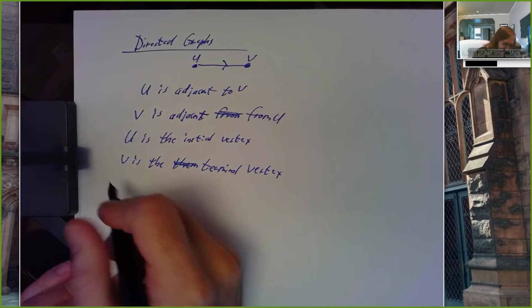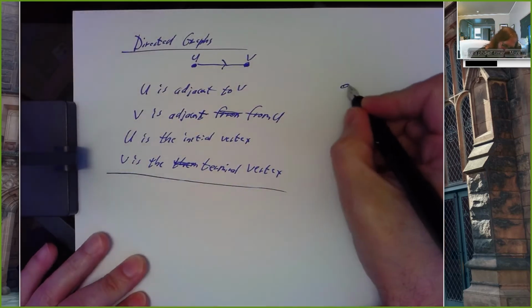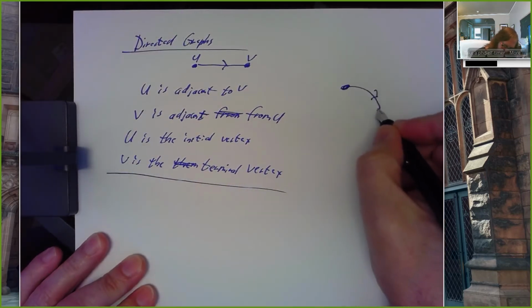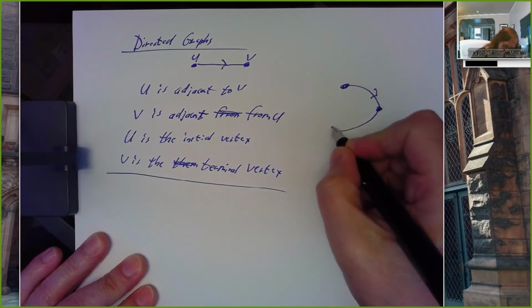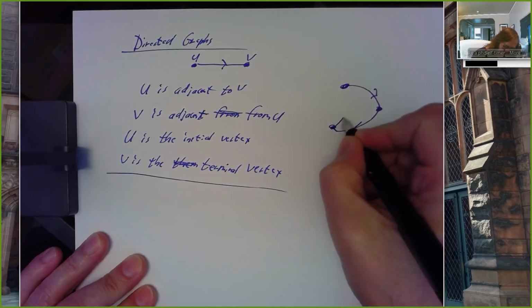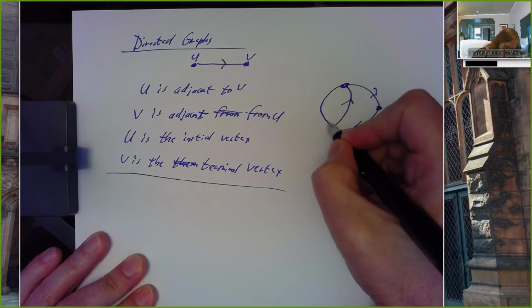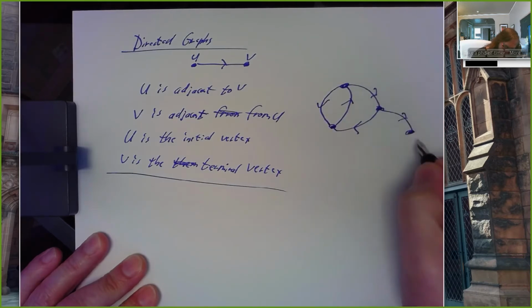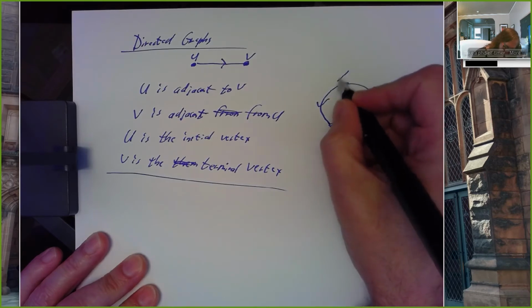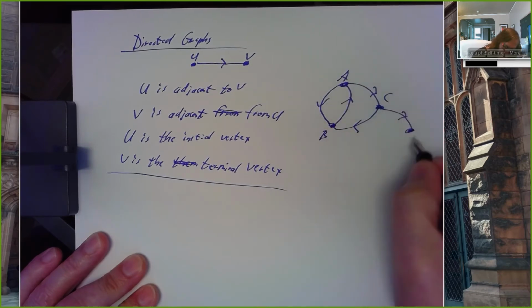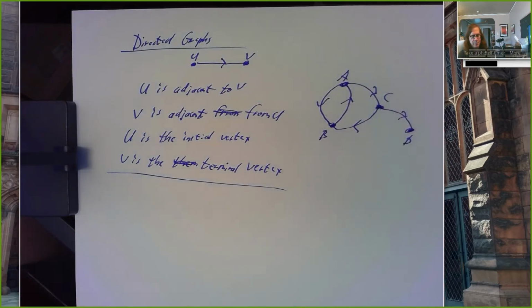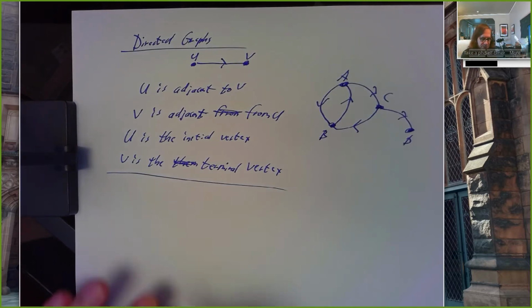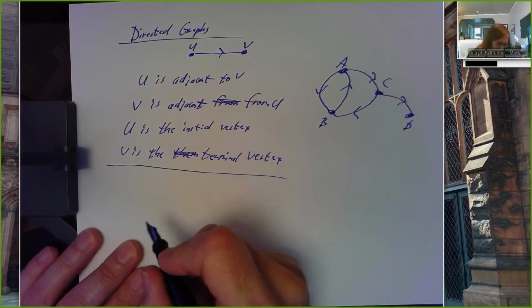All right, so for directed graphs, this notion of degree is a little more complex. So we have two types of degree.